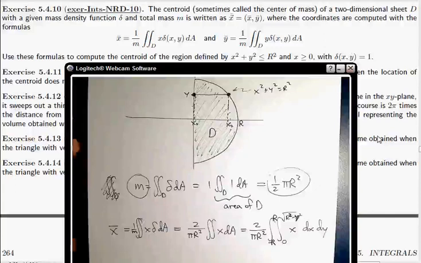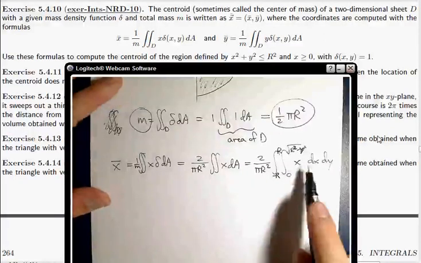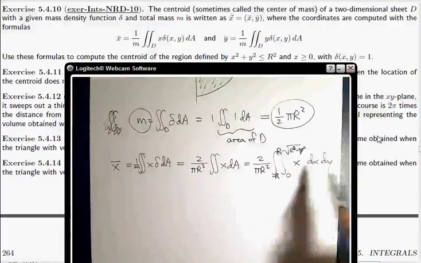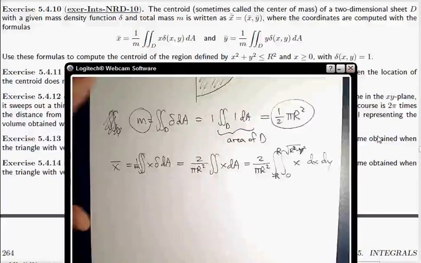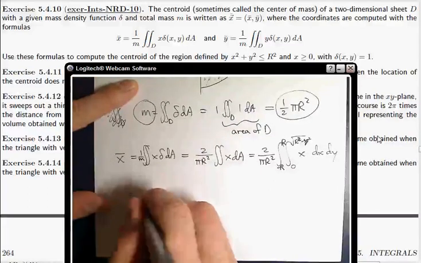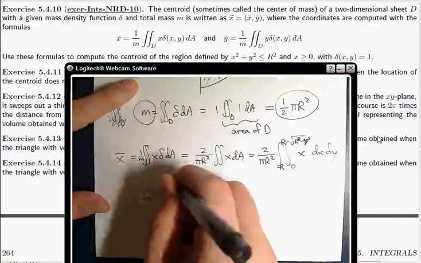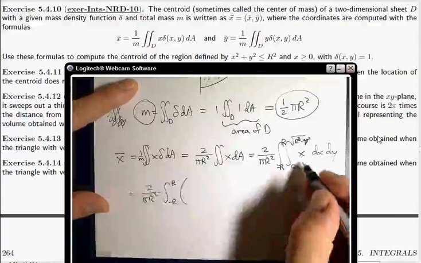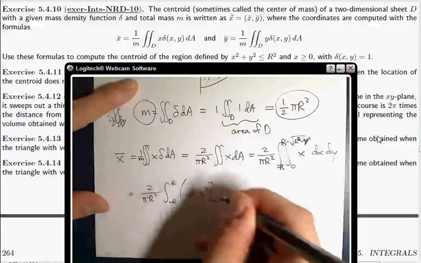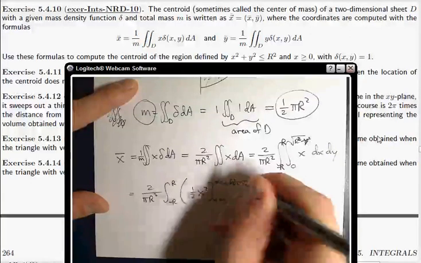Now it looks a little ugly because you've got a square root in the bound, but good news: when you do the x antiderivative of x, you get an x squared, so the square is going to make the square root disappear. You get 2 over pi r squared, integral from negative r to r, of 1/2 x squared, with x going from 0 to the square root of r squared minus y squared.